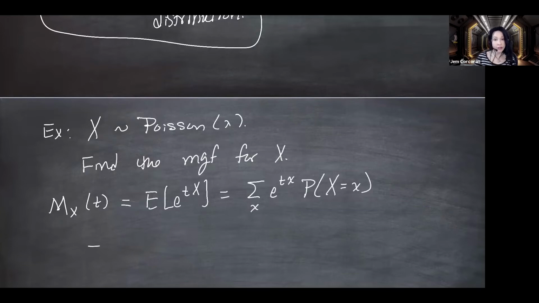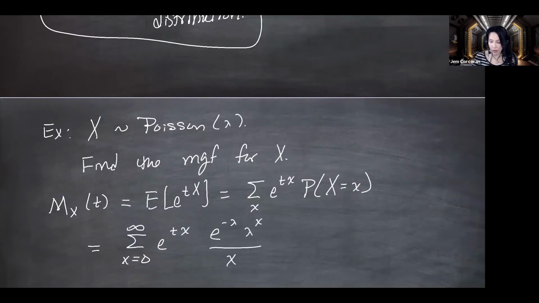And in particular, for the Poisson, this is going to be the sum as x goes from 0 to infinity of e to the tx, and then the probability mass function, which is e to the minus lambda, lambda to the x over x factorial. And when you raise something to a power and then to another power, like e to the a to the b, you get to multiply the powers.